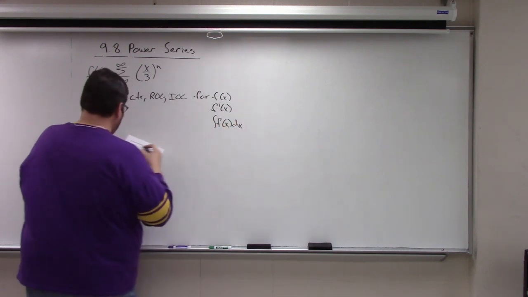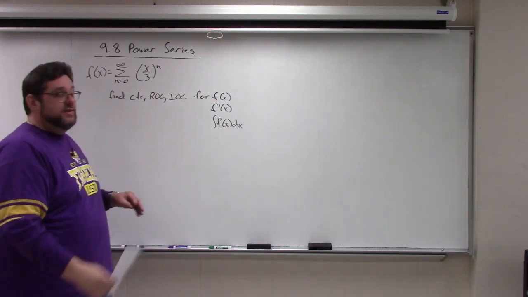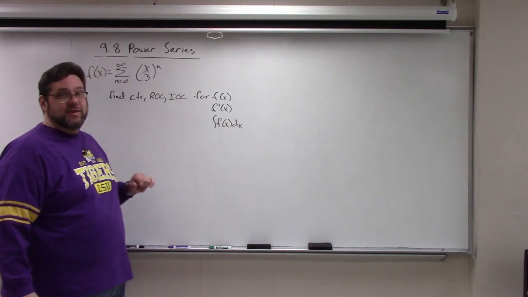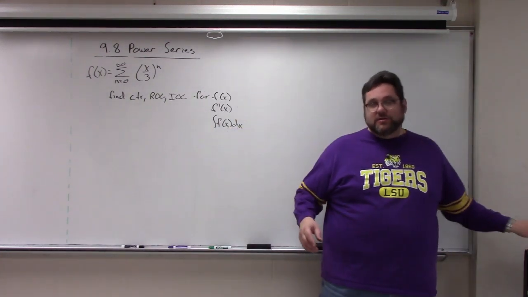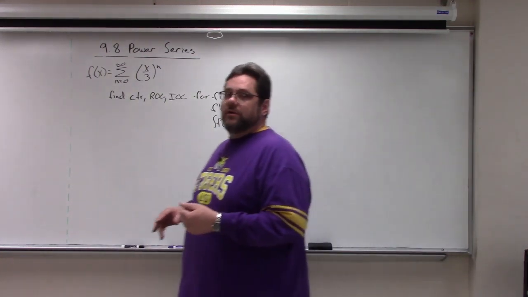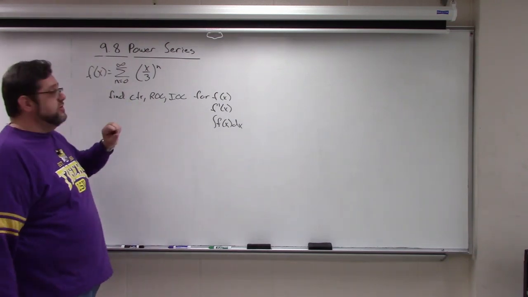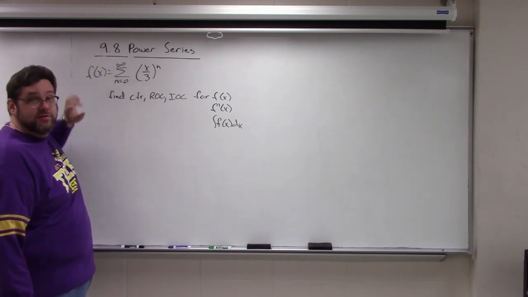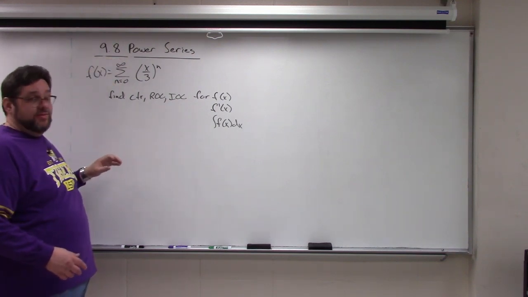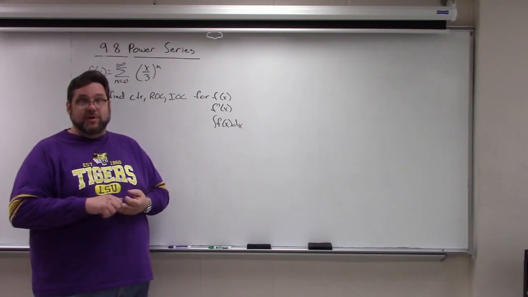So to find all three of those is going to require us to find f prime and the integral of f of x. So let me just kind of lay out how this is going to work. We're going to find the center, radius of convergence, interval of convergence for this series. Okay? That's going to require us to do the stuff with a ratio test.